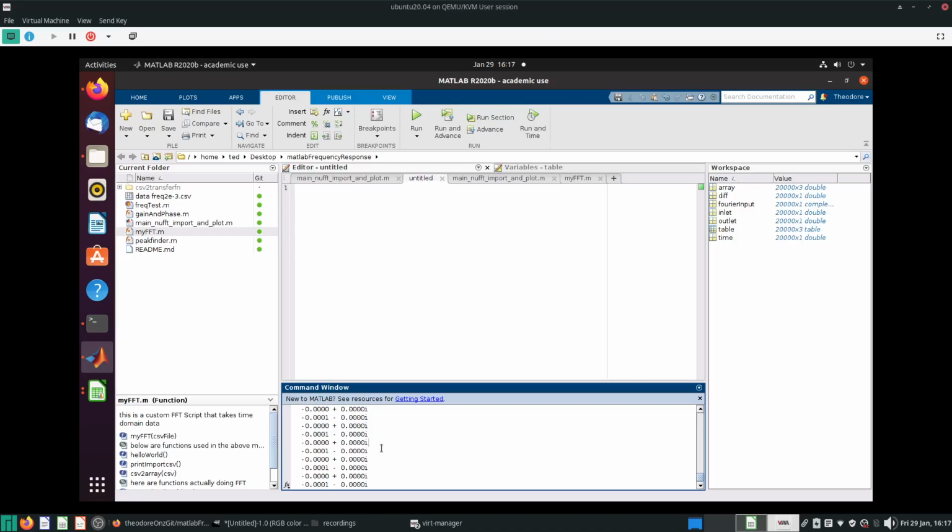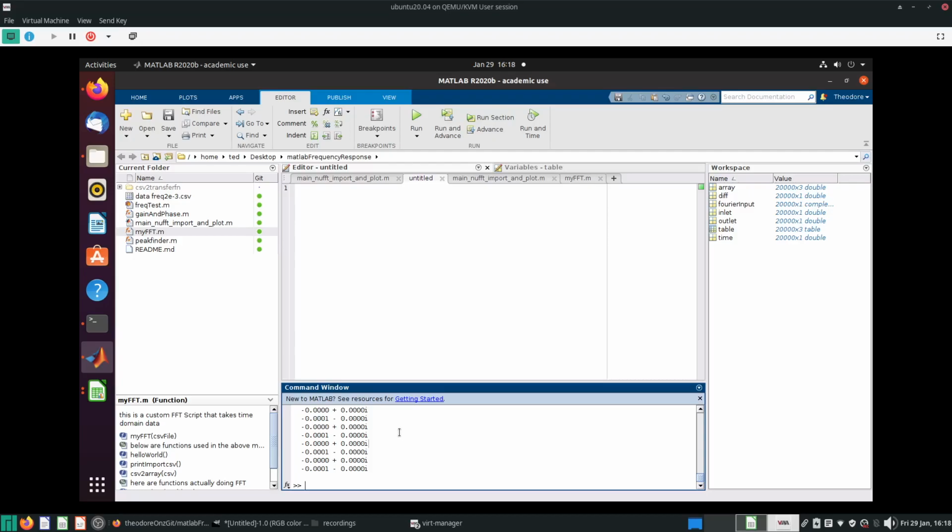And because this is a complex number, you do an arctangent to find the phase. That's how you get the phase and magnitude of your Fourier transforms, just like I said in the last video.